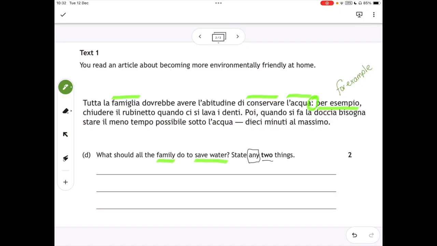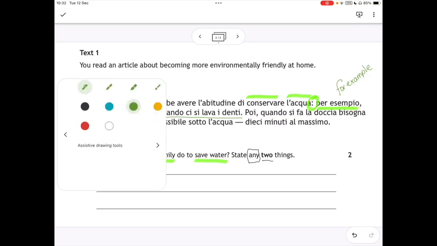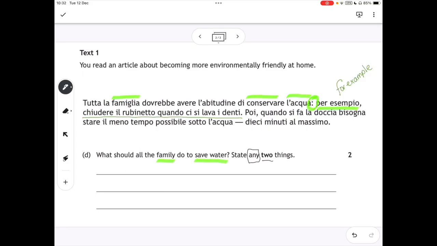So, if we take this first sentence here, because we know that this is going to be one of the potential answers given to us. And what we need to think about first of all is, what words do we already know? Because often as well, when we look at pupils' papers, they have spent too much time looking at words that weren't required.